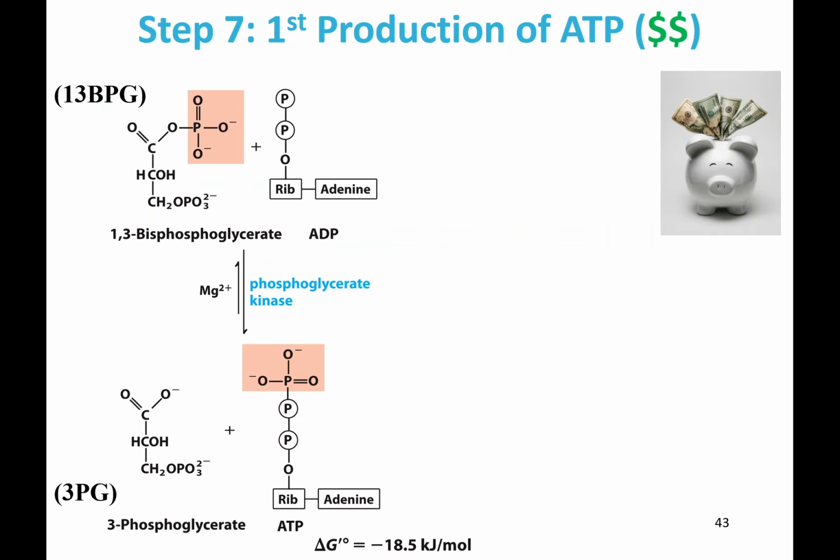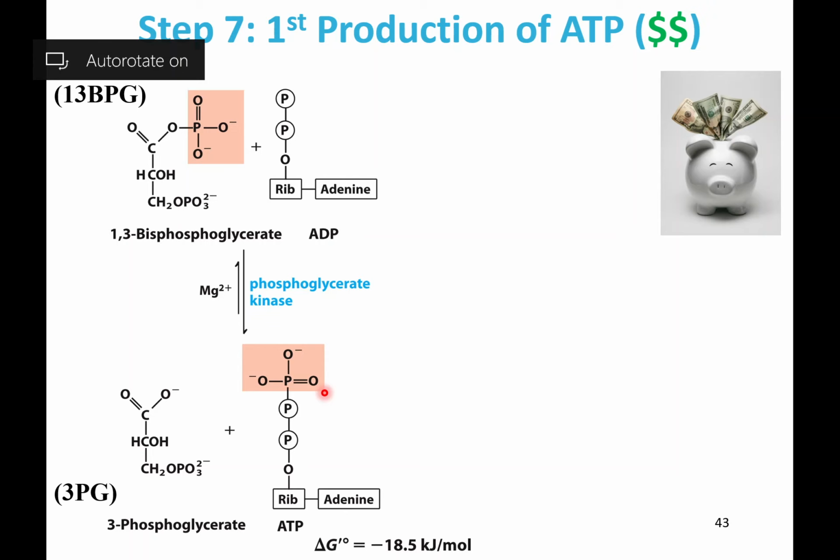Okay, step 7. This is the first production of ATP in glycolysis. So this is our second energy producing step, and it's the first one that produces ATP. In this step you have 1,3-BPG and ADP, and you produce 3-phosphoglycerate and ATP.